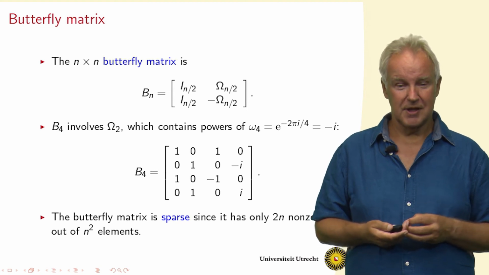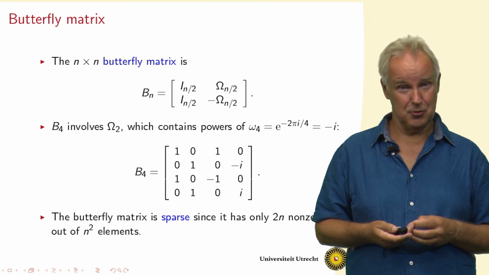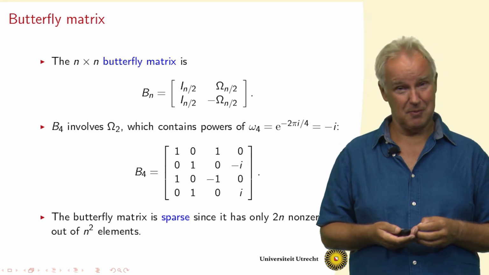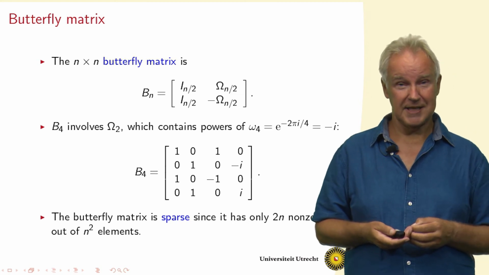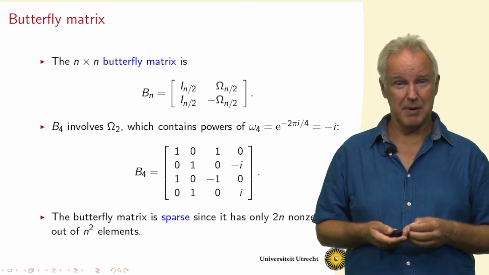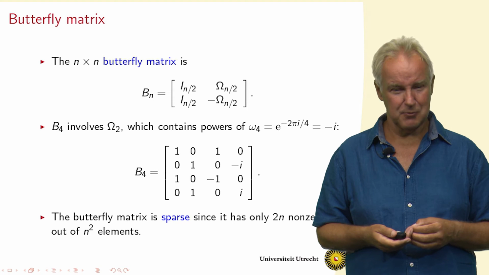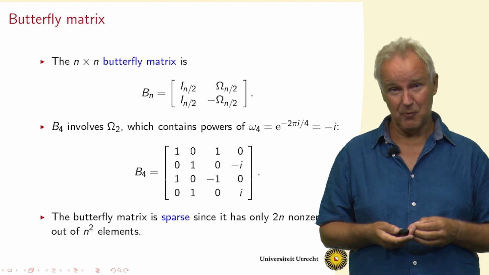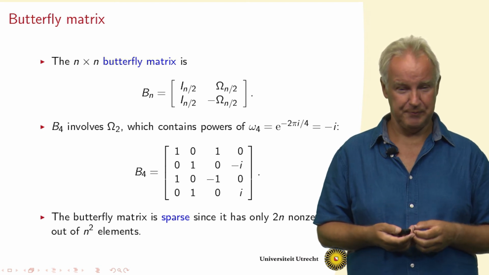So we have B4, you recognize on the left 2 identity matrices on top of each other. And on the right, you recognize the diagonal matrix with powers of minus i on the diagonal. Now, we have minus i to the power 0 equals 1, and minus i to the power 1 equals minus i. So this explains B4.